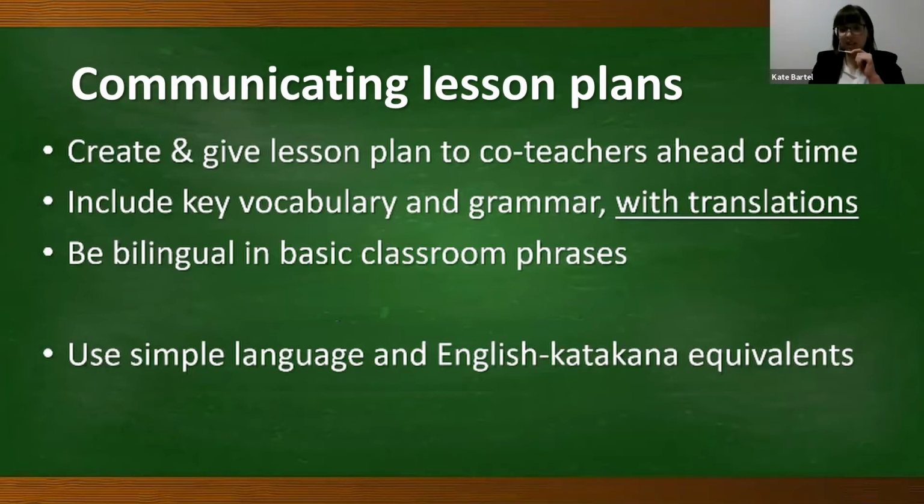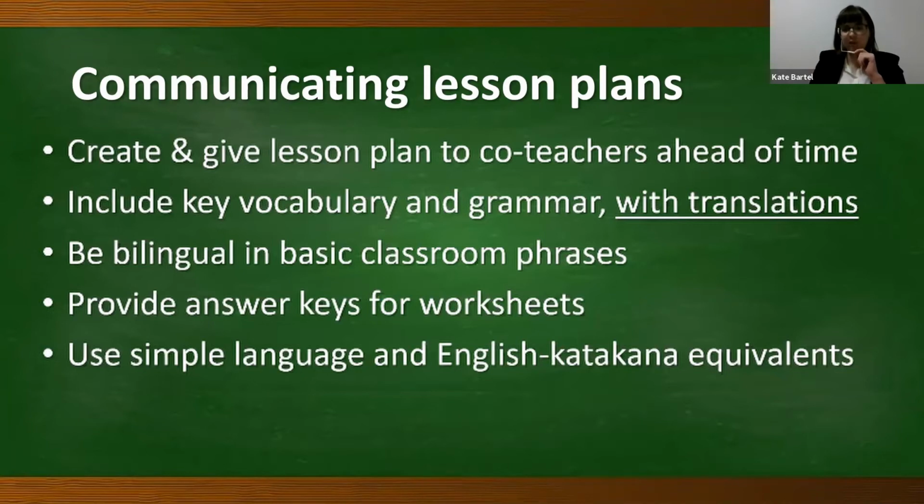And the very last one is, this idea was actually provided by another Nagasaki City ALT, so thank you to Bethany, who I don't think is in the group. She suggested giving a completed version of whatever worksheet you want to give to the students to your teacher, so that they have a reference.